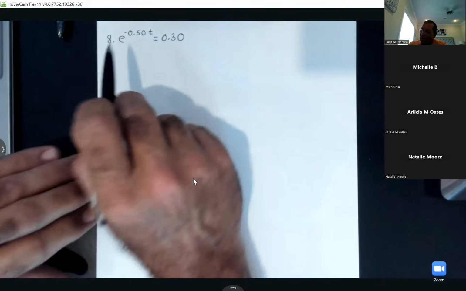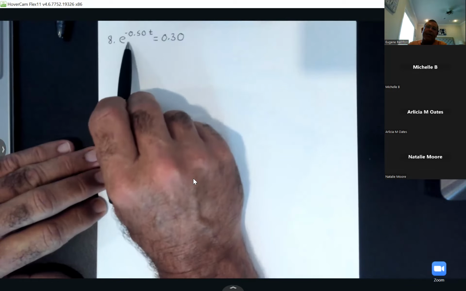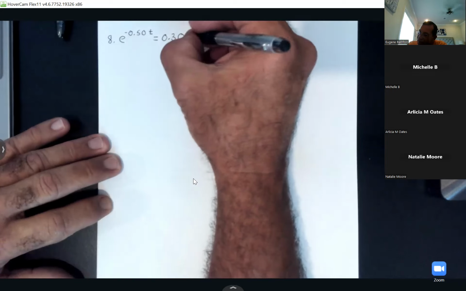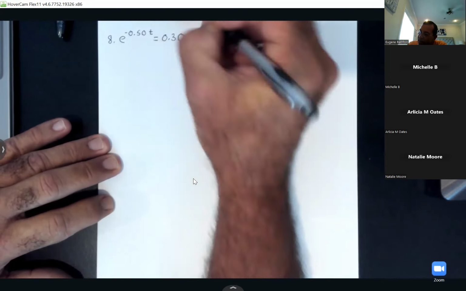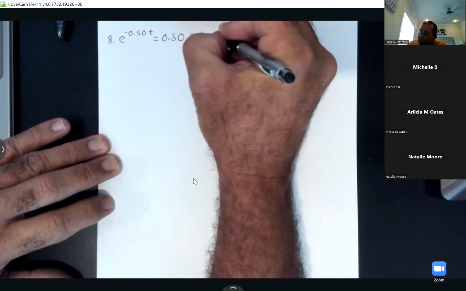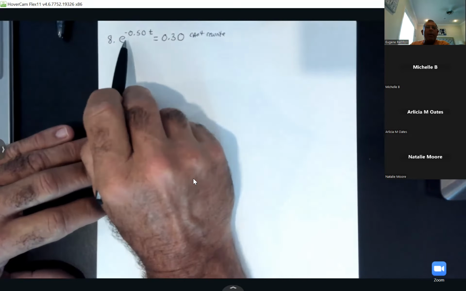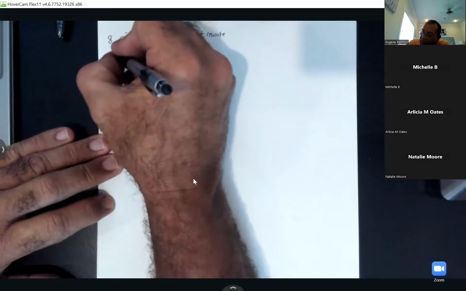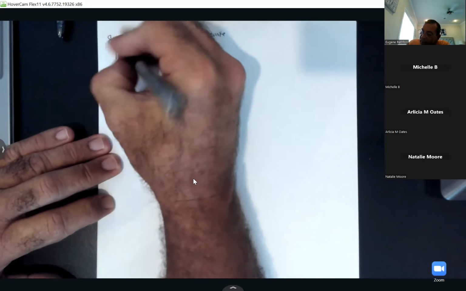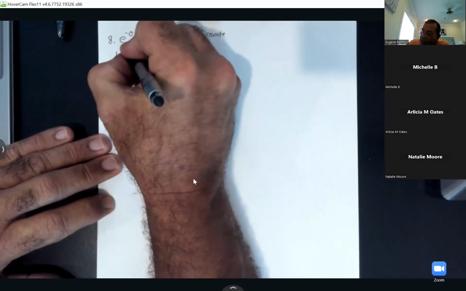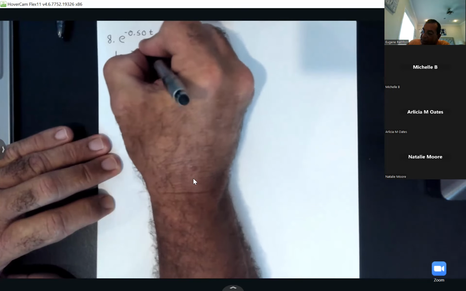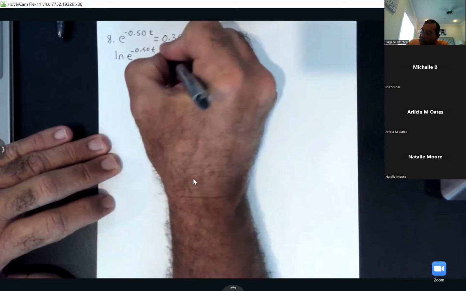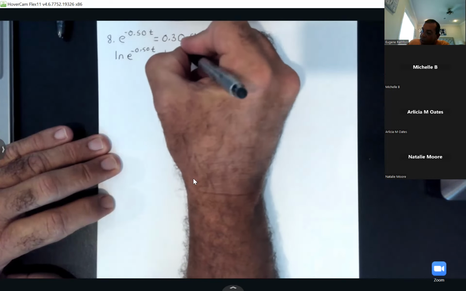Y'all, once again, I don't think I'm going to try to rewrite this 0.3 as an e, so I cannot rewrite again. So we're going to take an ln of both sides because we got our e here, okay? So we're going to do ln of e to the negative 0.50t will equal ln of 0.30.